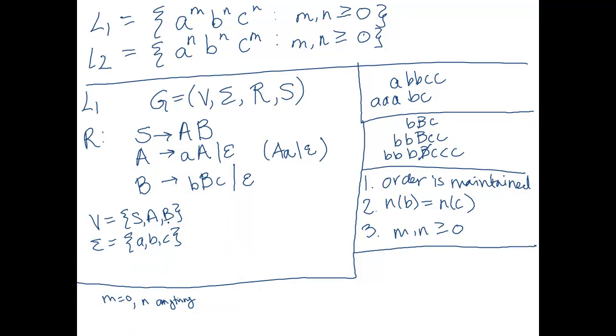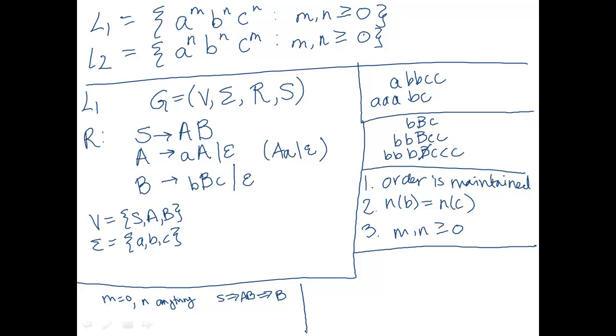So if I do S yields AB, and then I replace A with the rule A goes to epsilon, I'm just going to have B. And then B is going to allow me to create any number of B's and C's. Okay, so M can be 0 or more.